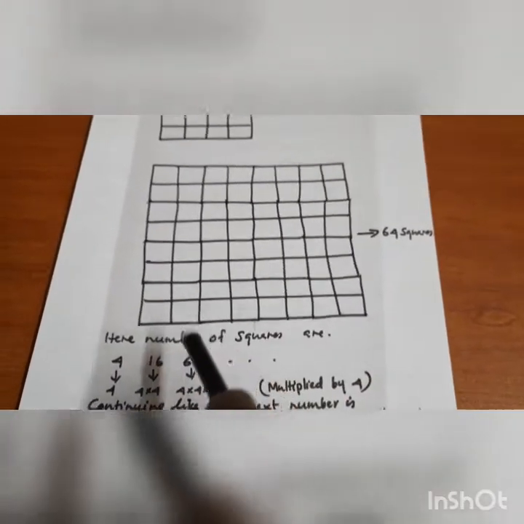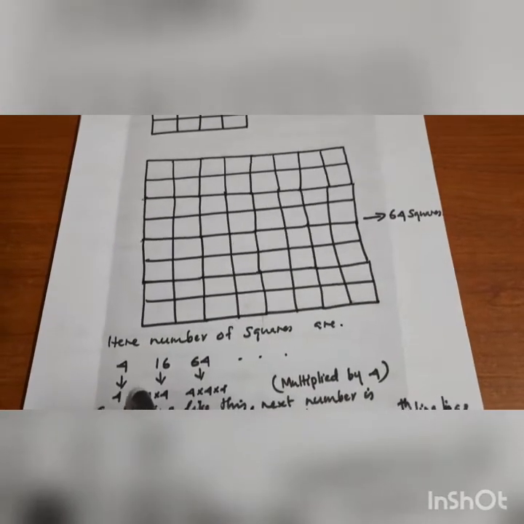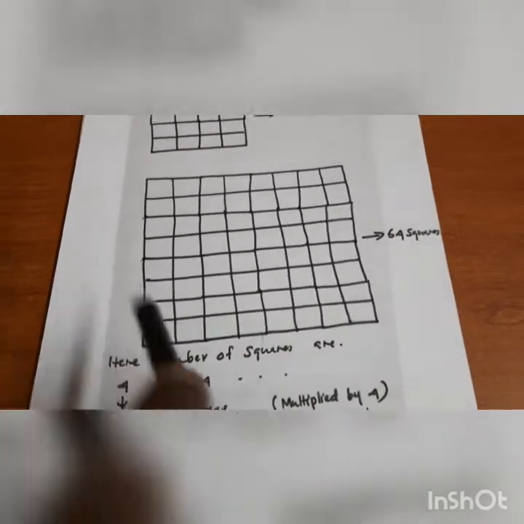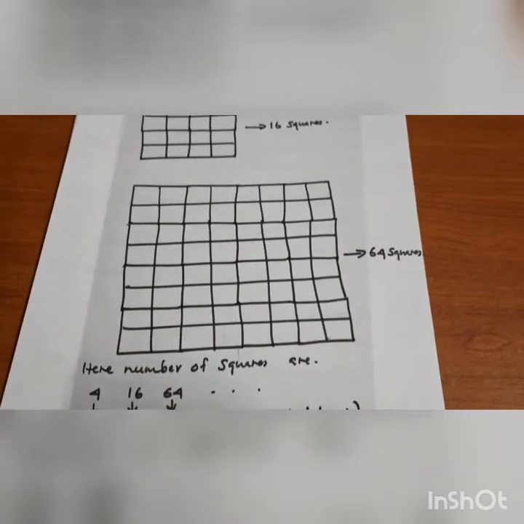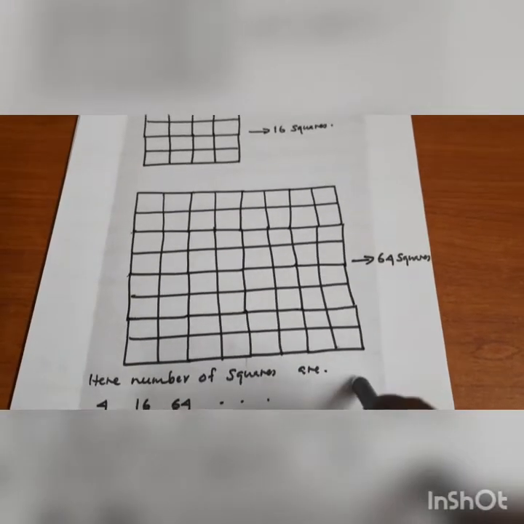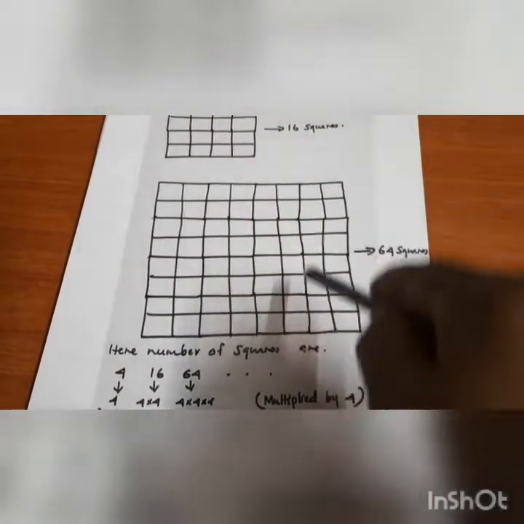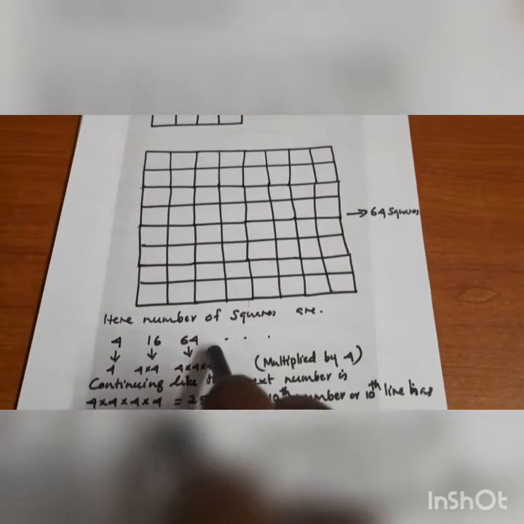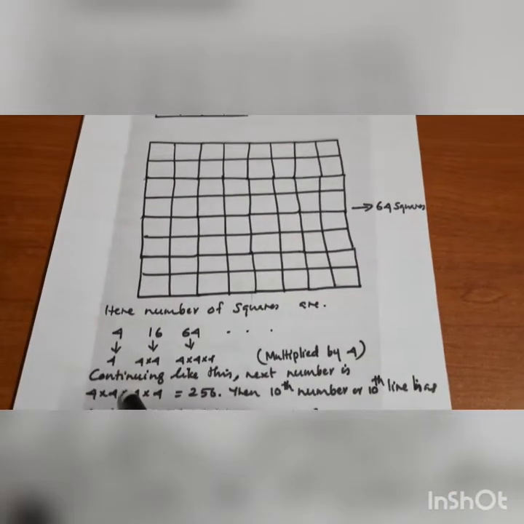Here, the number of squares are in the form 4, 16, 64. That is a pattern. You already studied patterns. Right? We have to complete the pattern, etc. The first number is 4.